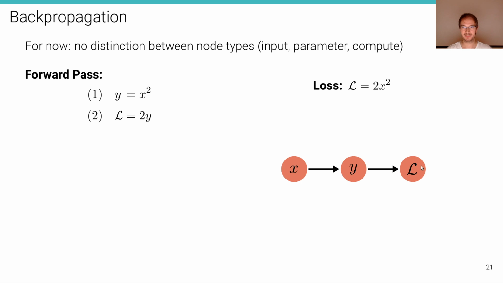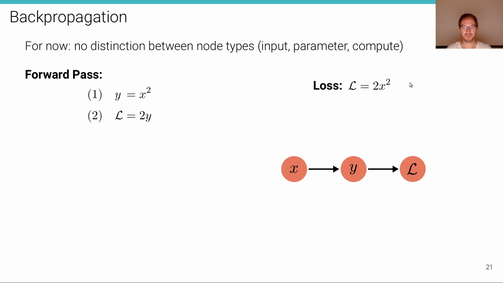And what we're interested in is the gradient of this loss with respect to the loss itself, or the variable y, or the variable x. Okay, so this is a very simple computation graph where we have y depending on x and L depending on y.